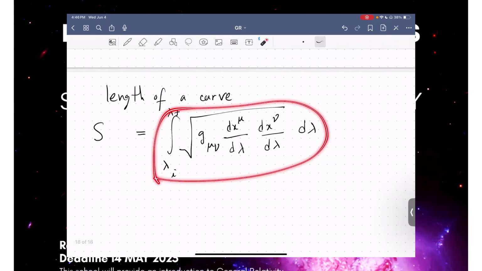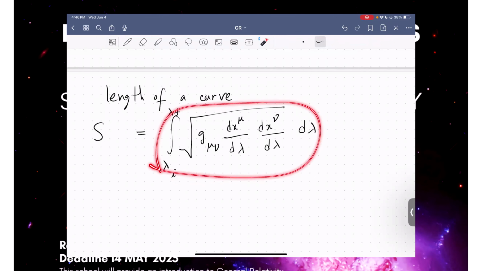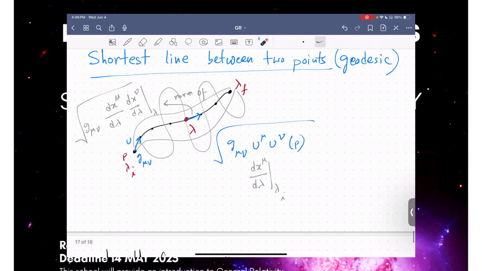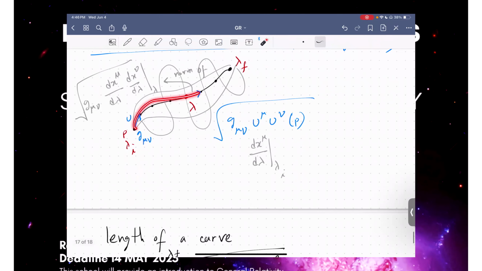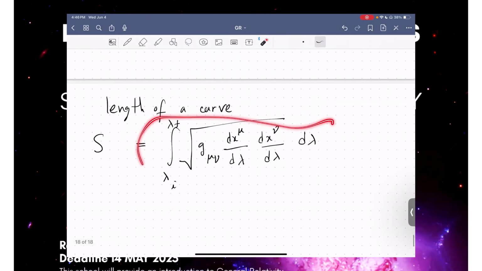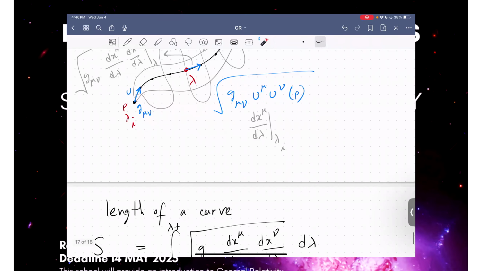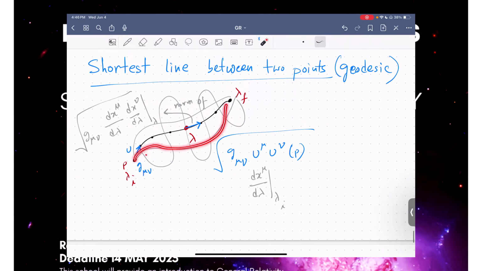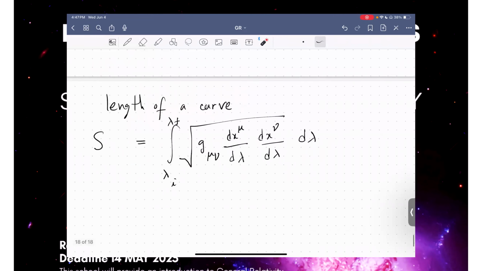So this is the thing that we want to extremize. But what is this a function of? This is a function of path, right? So given a particular path, you can write down an expression like this, which will give you a number. Given a different path with the same initial and final point, again, you can compute this and get a different number.